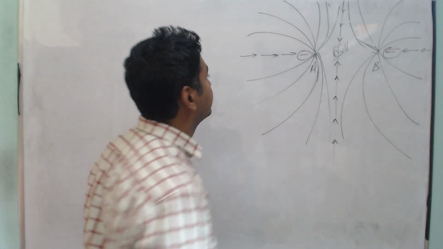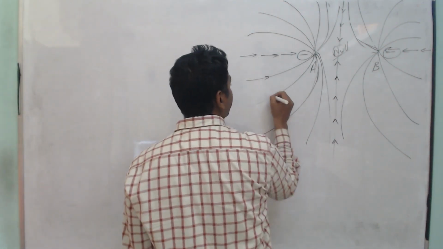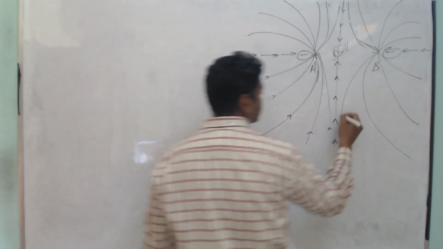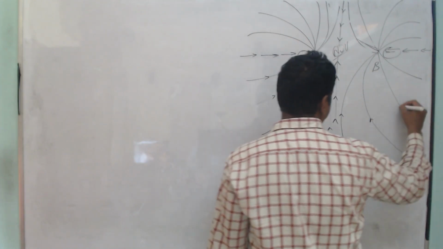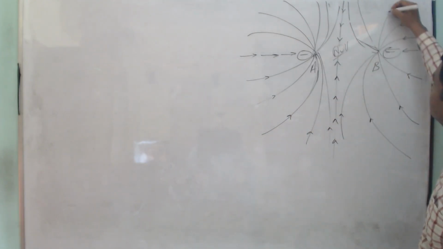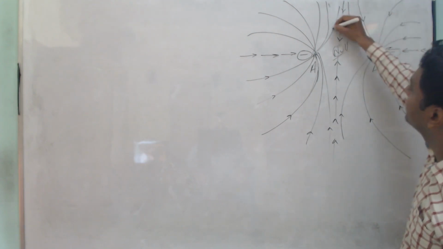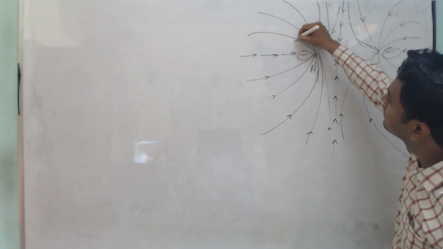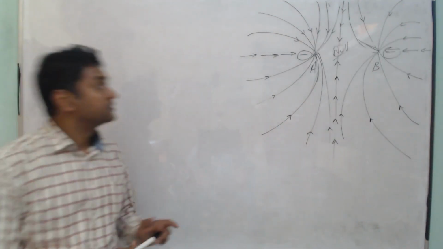Yes, sir. Now we have to show arrows for every line. So arrows are going to be towards our charges. Right? So the electric field lines due to a combination of two charges are going to look like this. Is it clear? Yes, sir.